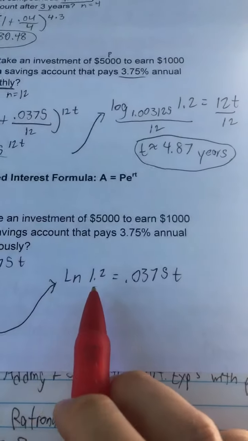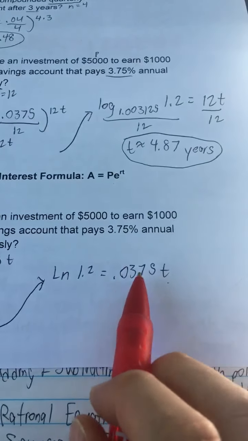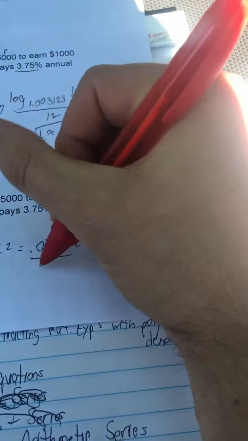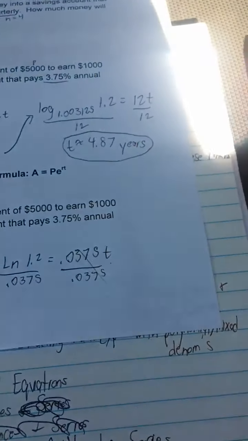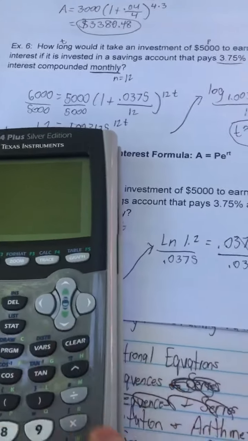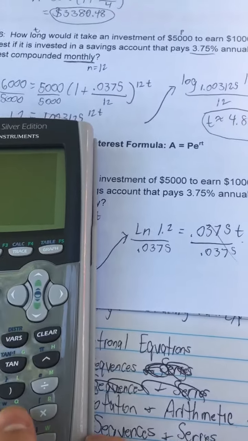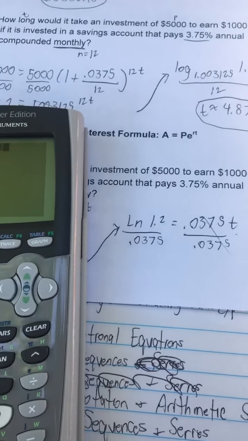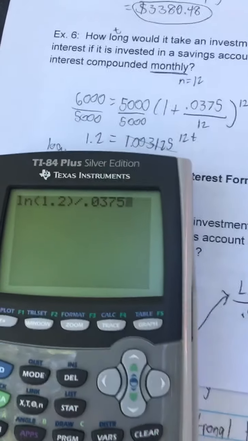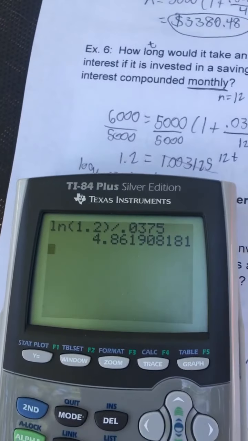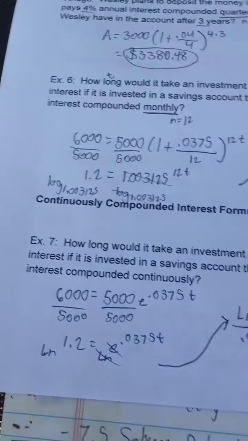I can type this straight in my calculator, but how do I get t by itself? I divide by 0.0375. So that's natural log 1.2 divided by 0.0375, and that will give me about 4.86 years.